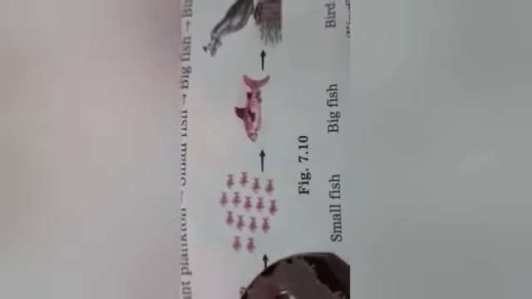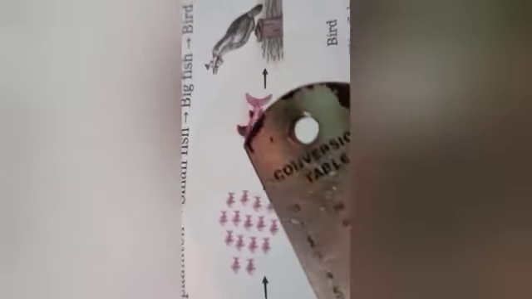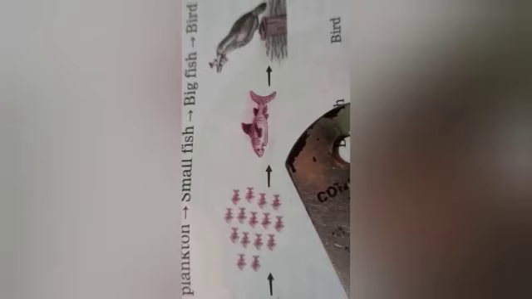Second food chain: phytoplankton is a producer. Small fish is a primary consumer. Big fish is a secondary consumer, and the bird is a carnivore, a kingfisher.